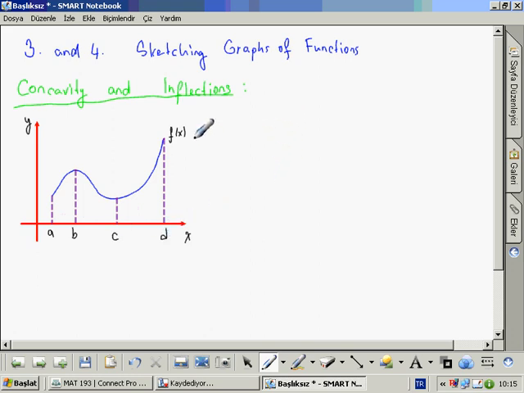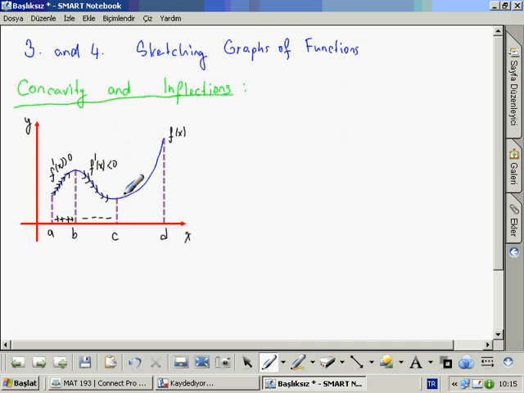My friends, on the AB interval, as you see, our curve is increasing, so if there is an increasing interval, this is a plus sign, and we can say f prime of x is larger than 0, its sign is positive. And look at this interval, as you see, it is decreasing, and we can say f prime of x is less than 0 here, so the minus sign is valid.